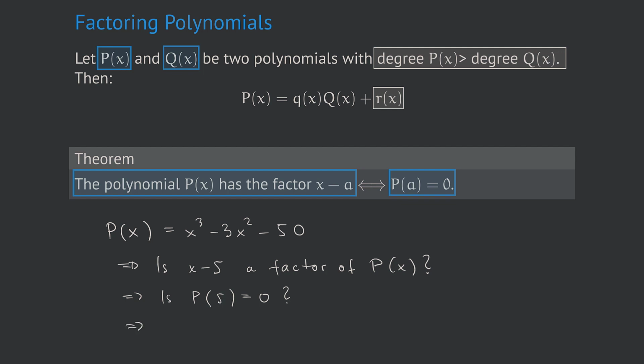That means we have 5 to the third power minus 3 times 5 to the second power minus 50, which is 125, minus 3 times 25, which is 75, minus 50. And yes, indeed, that is 0. So that's it. We have shown that x minus 5 is a factor.